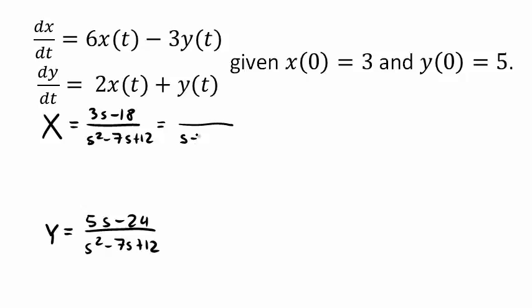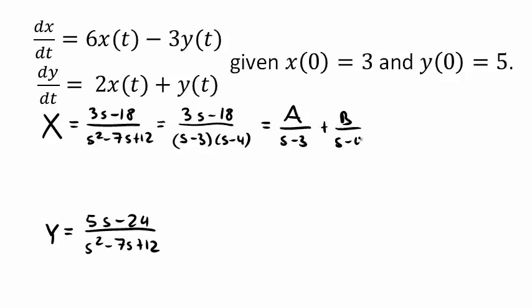It can be written as (s minus 3) times (s minus 4). And the top I'm going to leave for the moment, 3s minus 18. So in the next step, I'm going to use partial fractions, which means I'm going to rewrite this as A over (s minus 3) plus B over (s minus 4).